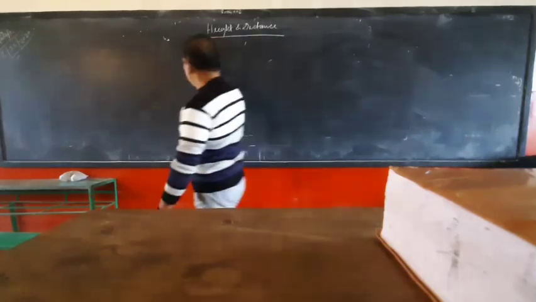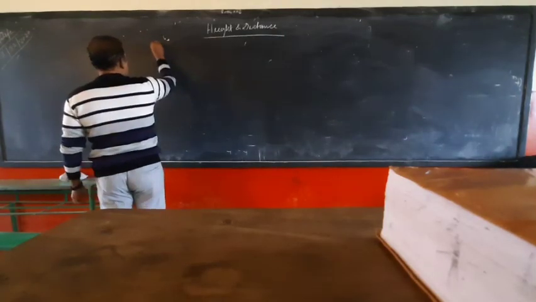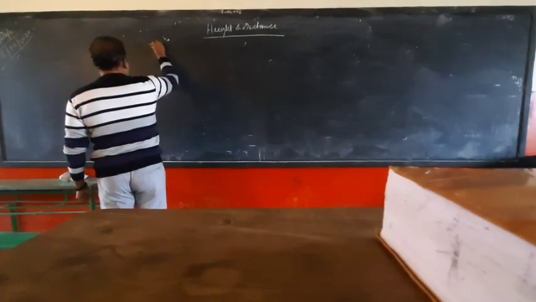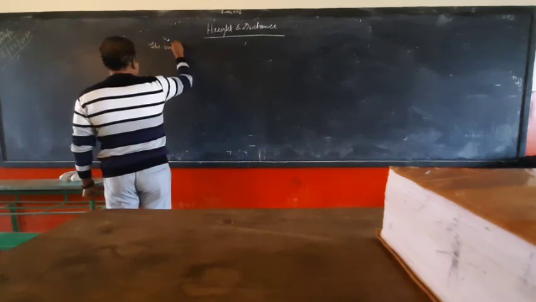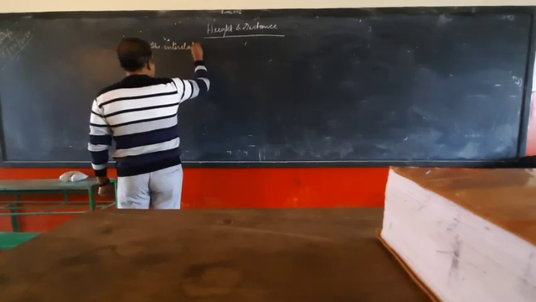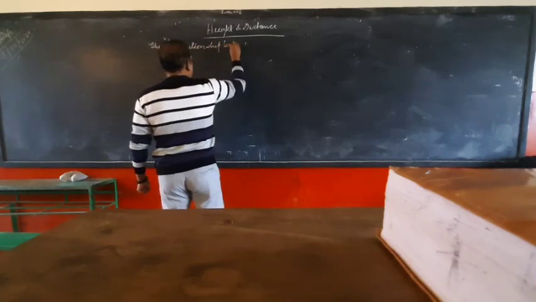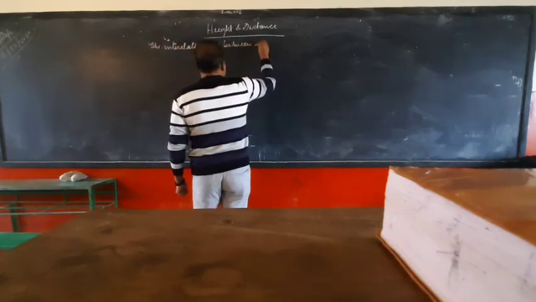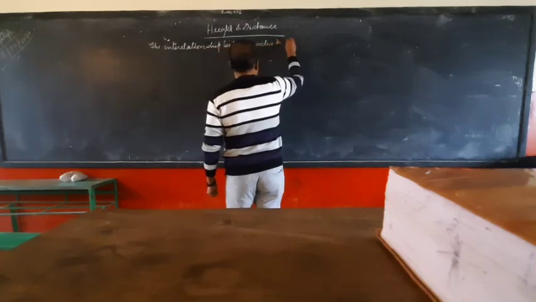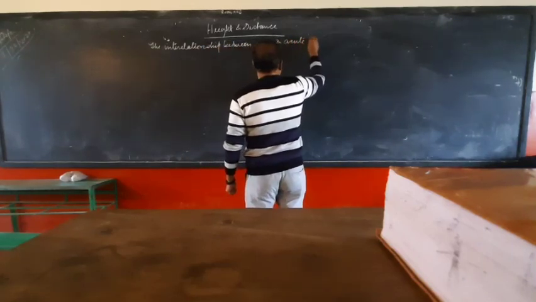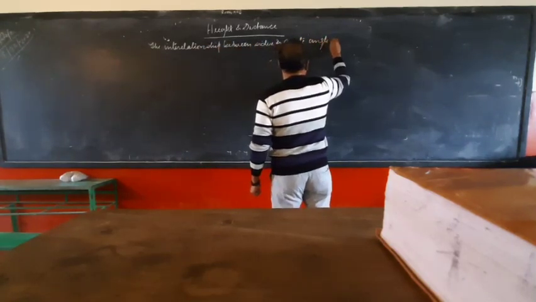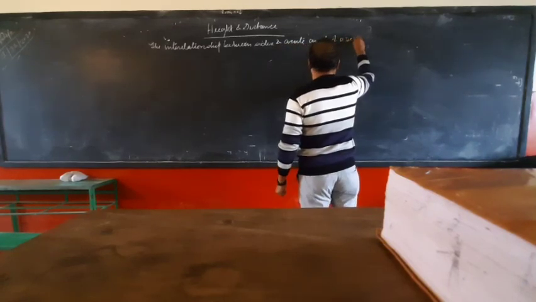Means the questions that we will deal with here involve the interrelationship between sides and an acute angle of a right triangle.